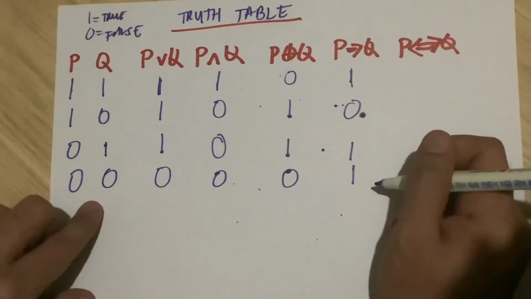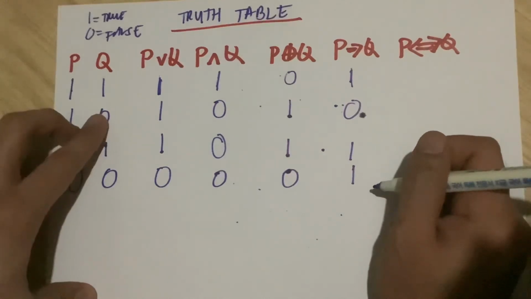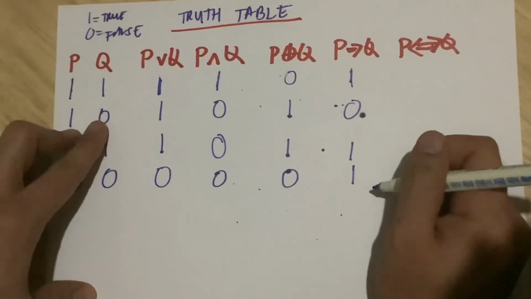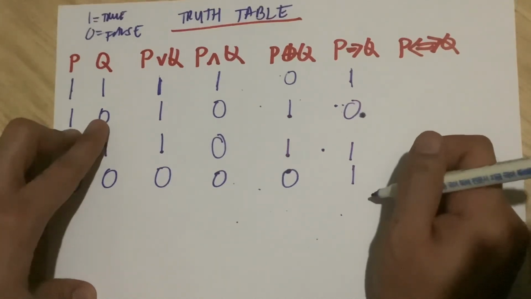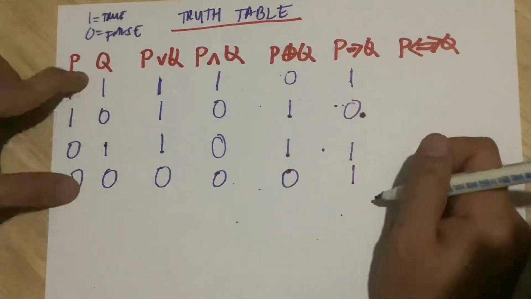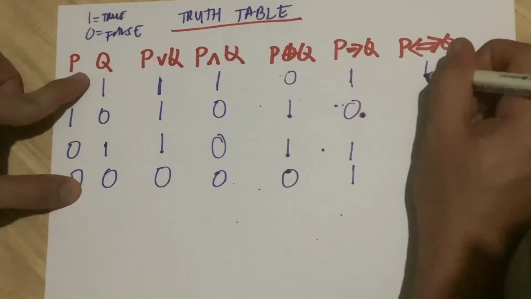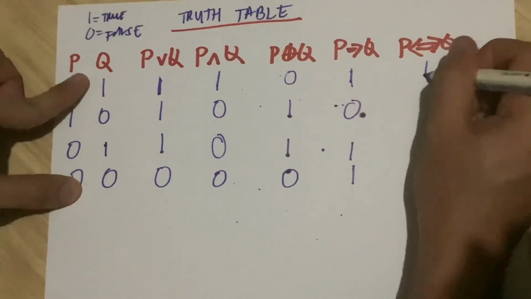Then let's have the last part, which is the biconditional. Okay. So remember, when will the value for the biconditional become true or false? If both statements have equal or the same values, then the truth value for the biconditional is true.